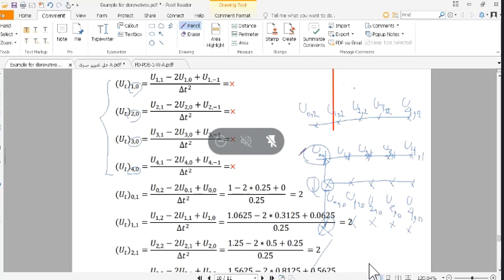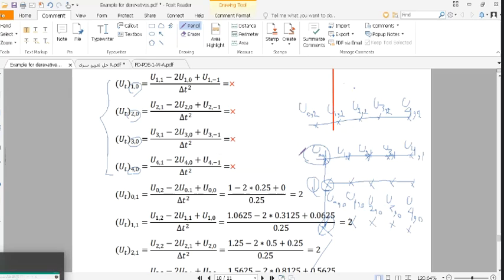So u1 and 2 minus 2 u1 and 1 plus u1 and 0 over delta t2. And the result again is 2. For the other points at the second row, we should use a similar way, and the result for all points is 2.